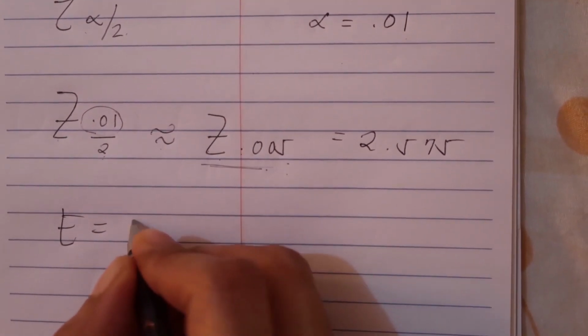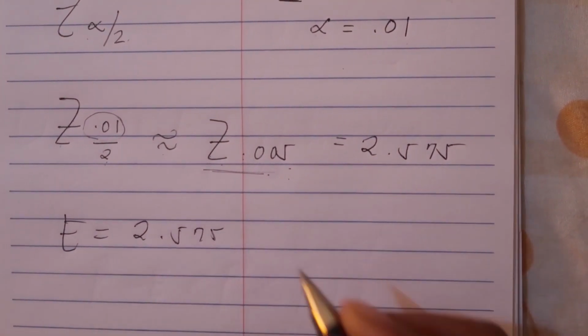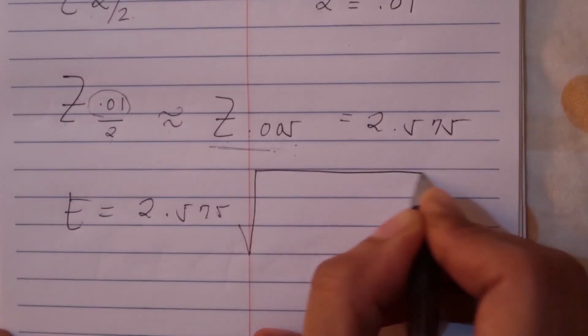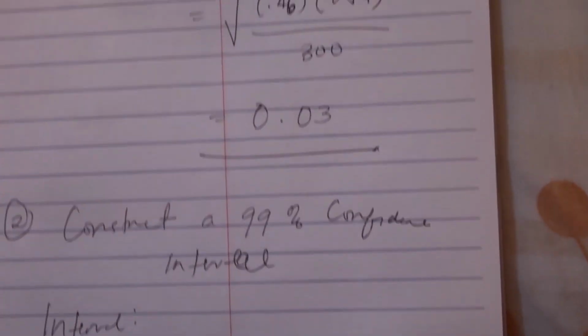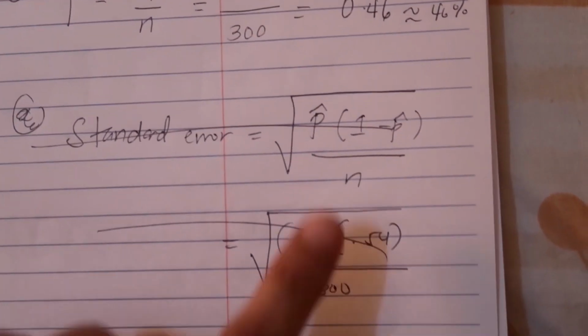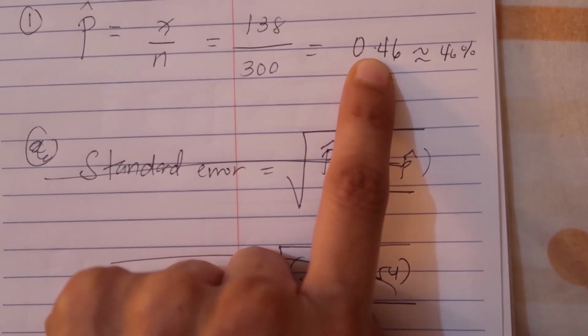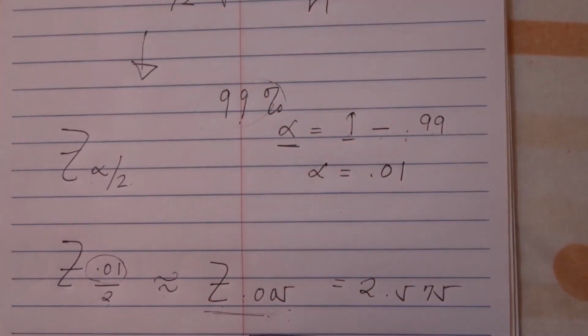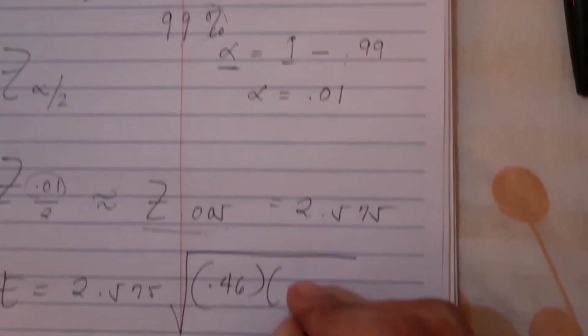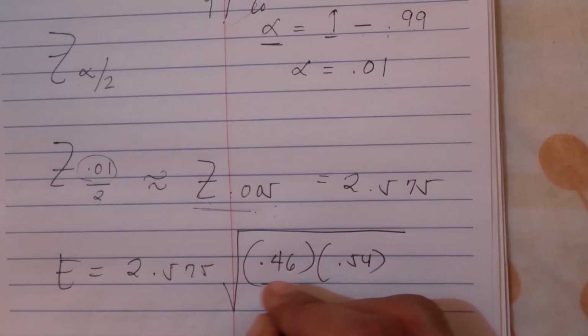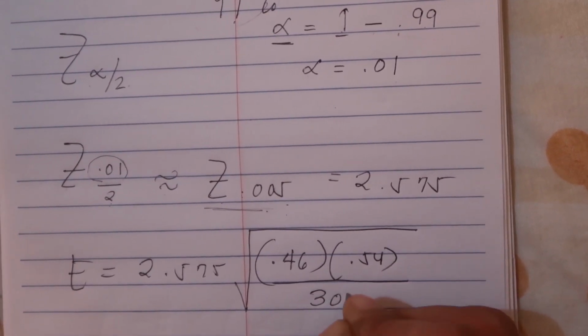So that would be 2.575 multiplied by, what is your sample proportion? Sample proportion is 0.46. So 0.46 multiplied by 1 minus your sample proportion, which is 0.54, over n, which is 300.